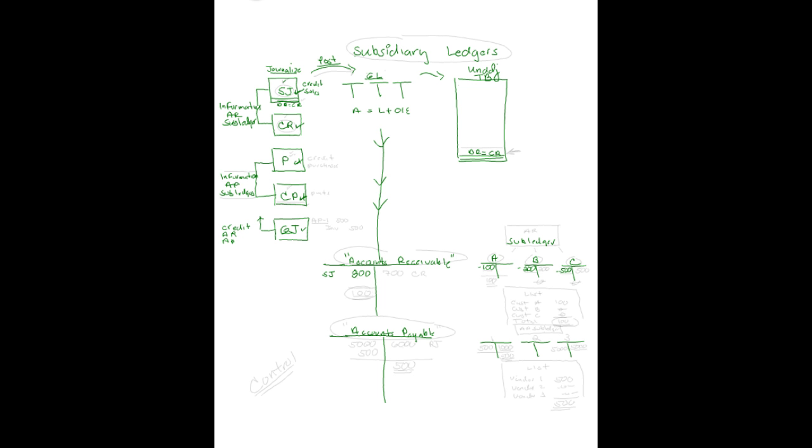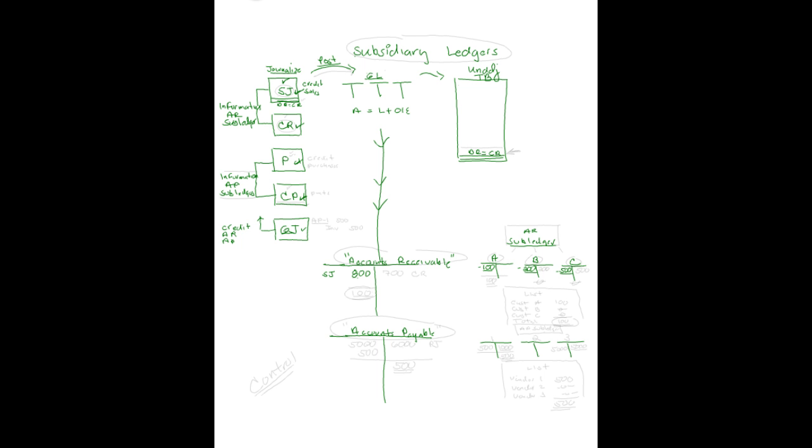The rule is, if you post everything in the sales journal as the month progresses into the subledger, the sum of the individual debits in the subledger will equal the total you post into the general ledger account at the end of the month. And in our case it does.